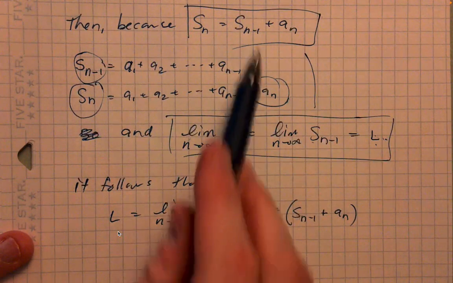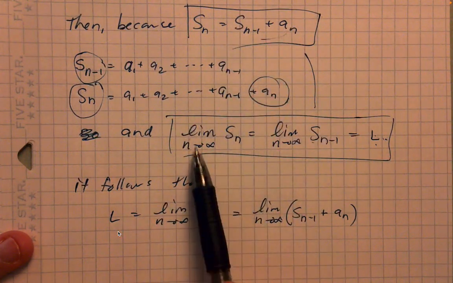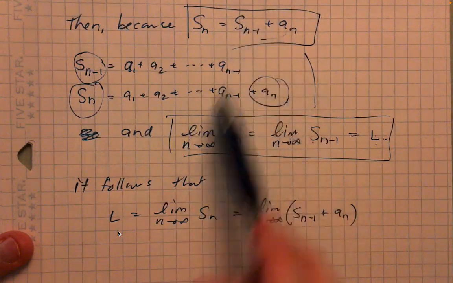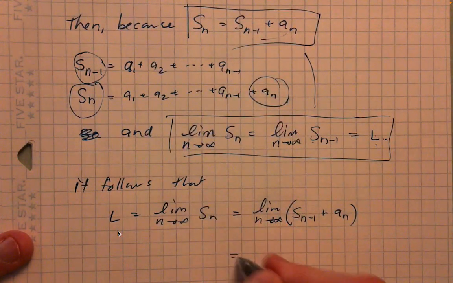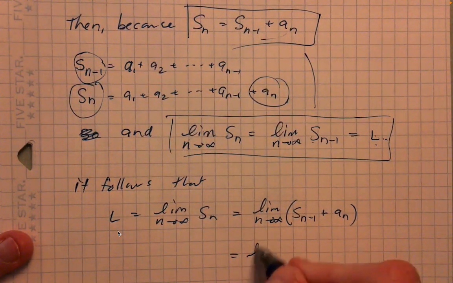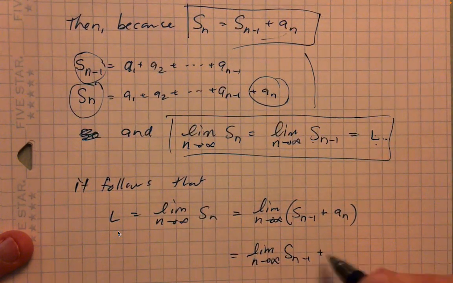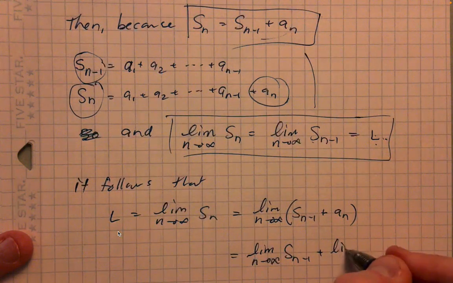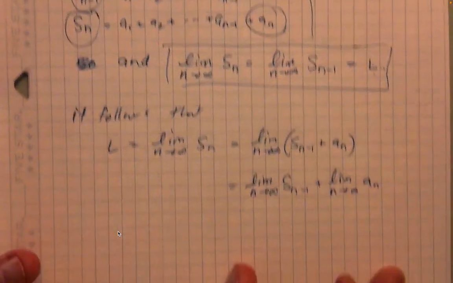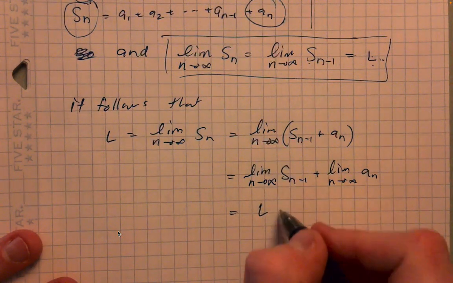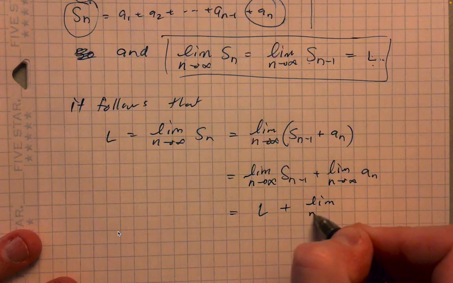That's just what we had up here. So taking the limit of S of n is the same thing as this, and we can break this apart. This is the limit as n goes to infinity of S of n minus 1 plus the limit as n goes to infinity of a of n. Now we know that the first is L, so it's L plus whatever this limit is.